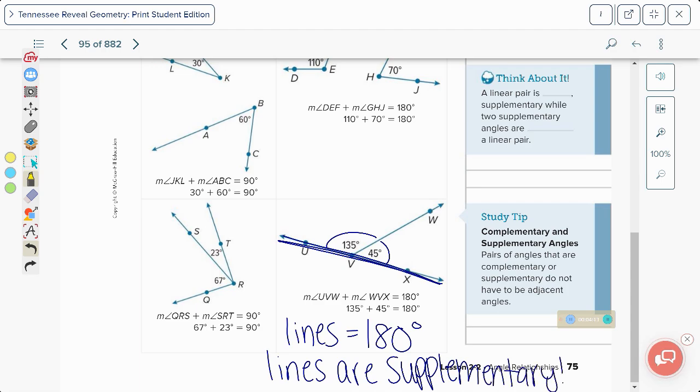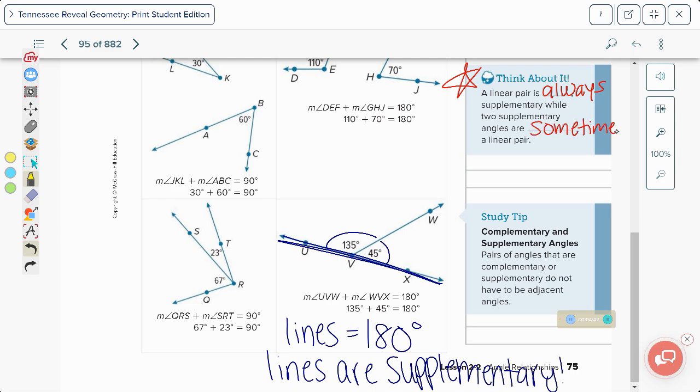Okay. And that's kind of what they're talking about here in the think about it section. So it says a linear pair is blank supplementary. So a linear pair, aka lines, are always supplementary, while two supplementary angles are sometimes a linear pair.